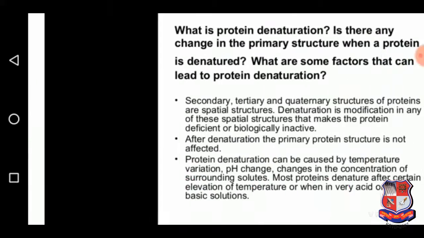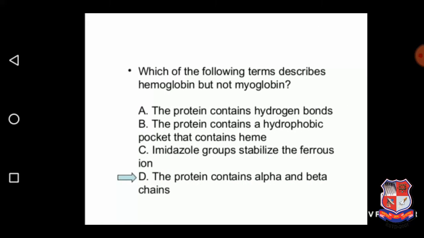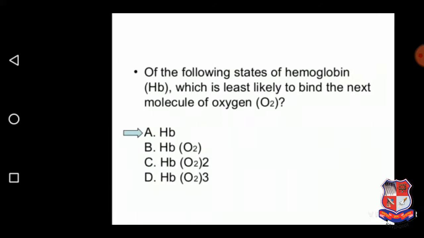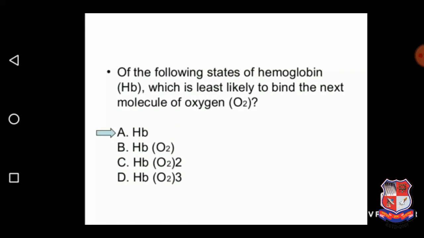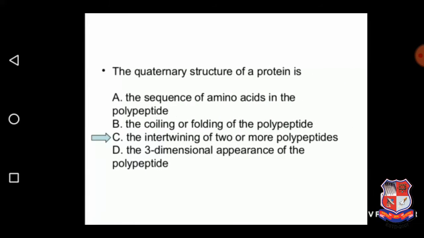Quaternary structure, protein denaturation, hemoglobin but not myoglobin, which is least likely to affect. If a person breathes in a paper bag, what would you expect their blood CO2 to be?